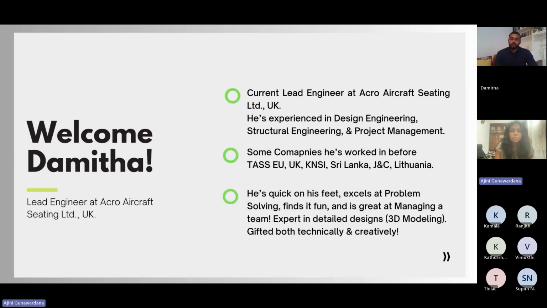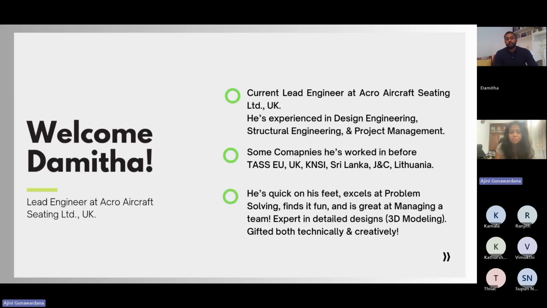Some companies he's worked at in Sri Lanka and the UK are KNSI and TAS EU, where he did structural and design engineering. And then in Lithuania, he worked at JNC, which is also a design engineering company. And he's now back in London, where he's working for Acro Aircraft Seating Company, where he gets to do managing team as well as the design engineering lead role.